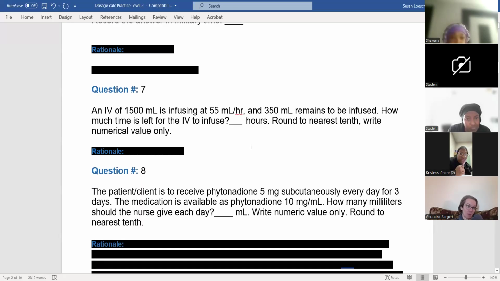Okay, now this one's asking you how much time is left for the IV to infuse. Okay? So you have 350 mLs to be infused, okay? Because you started with 1500. See what you have left? 350.